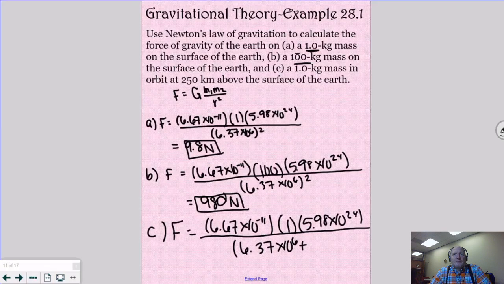Now I'm going to go back to the chart real quick in the back, and the radius was in meters, and they told us this was not in meters. 250 kilometers, 1 kilometer is 1,000 meters. Love it. So you have to multiply it by 1,000. So 250, and then 3 more zeros, so 250,000. Love it. Squared. That's what you're going to add to whatever radius the Earth.